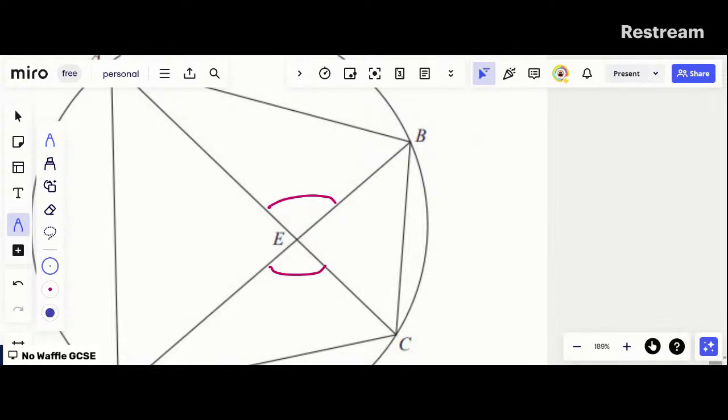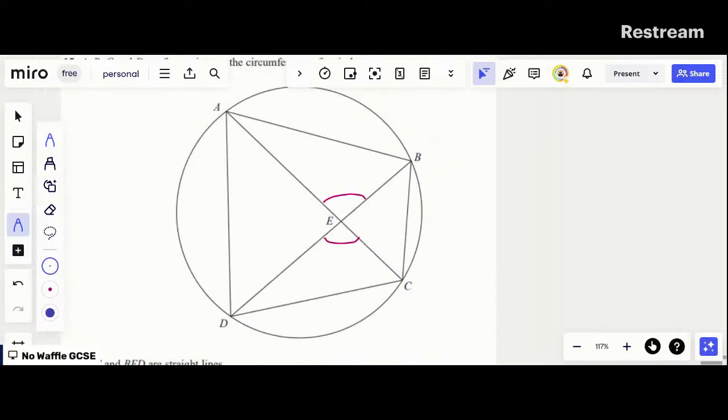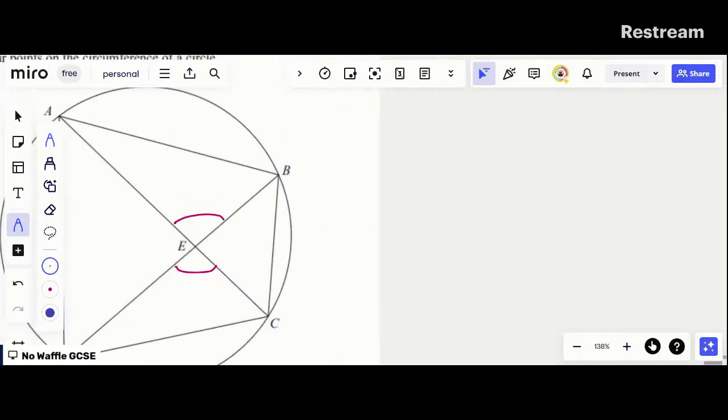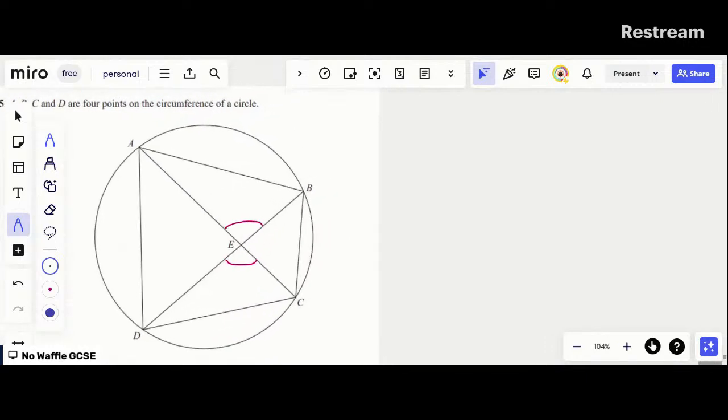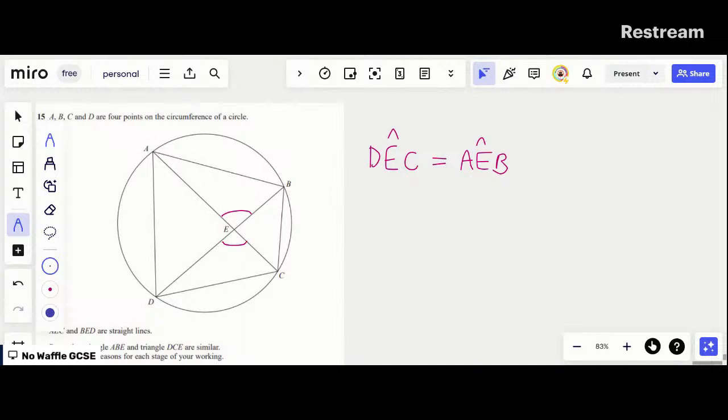Well done everybody. You can't say angles in the center because we don't know if E is the center and it doesn't look like it here. So we can't use that, but we'll start off by saying angle DEC. That's the symbol for angle. So angle DEC equals angle AEB, and then you've got to give your reasoning. So you can say because they are vertically opposite.